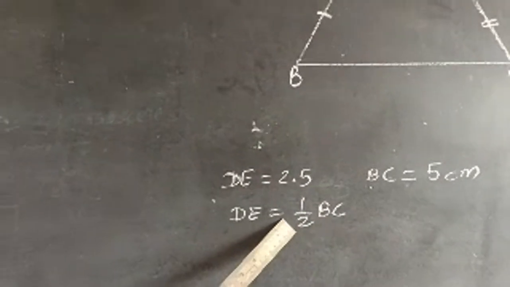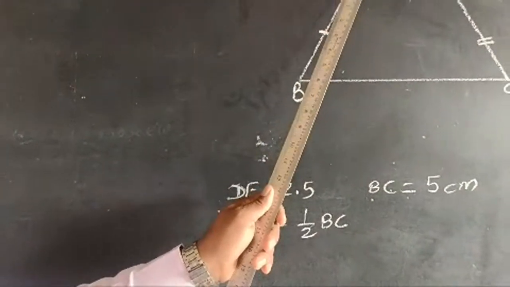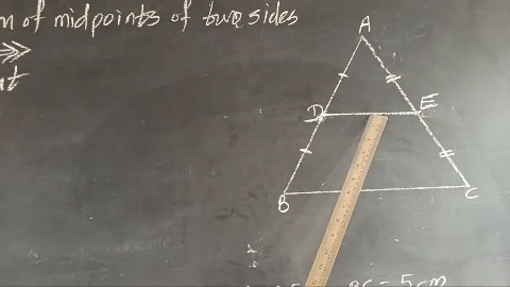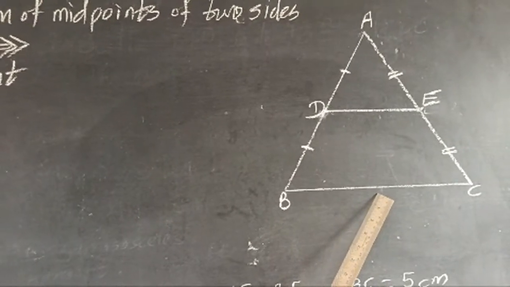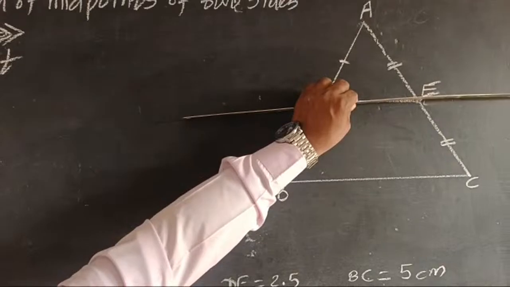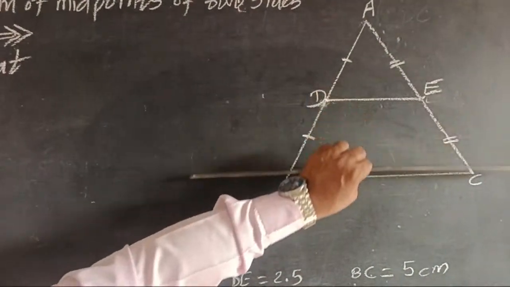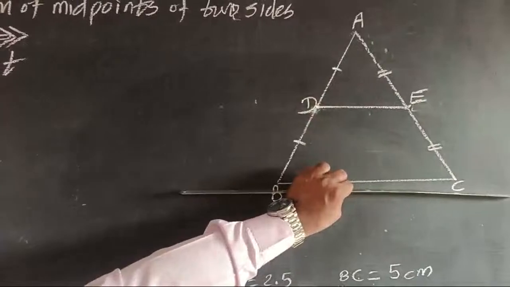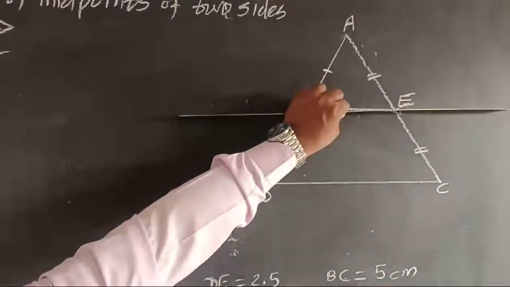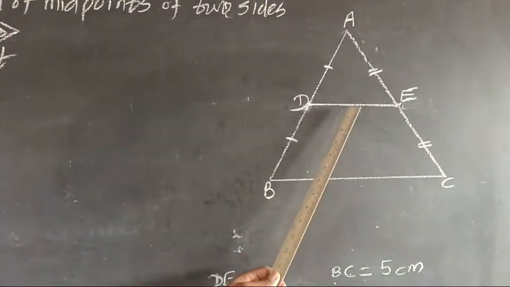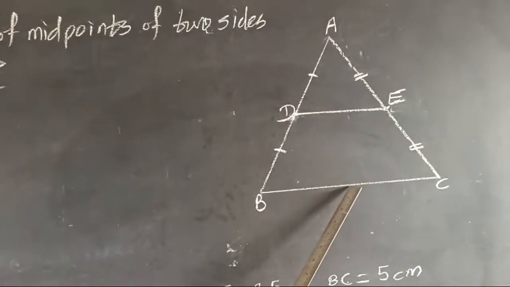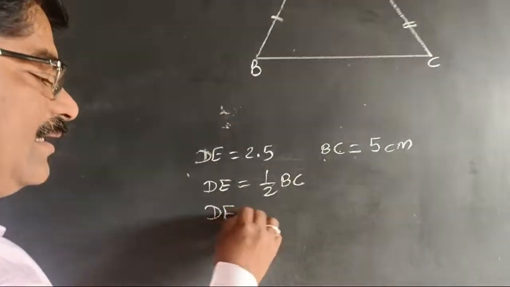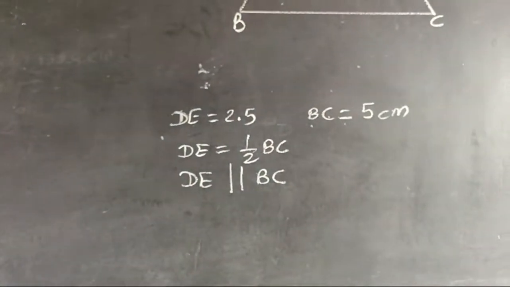Means we can say that the segment joining the midpoints of two sides of a triangle is half of the remaining, third side, and this DE is parallel to the third side BC.